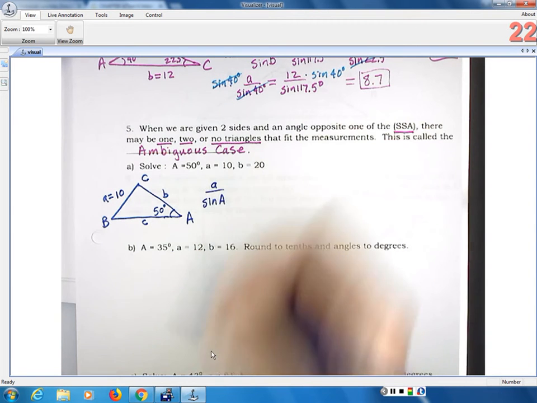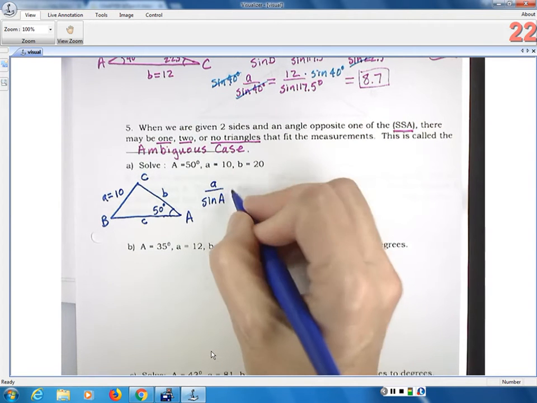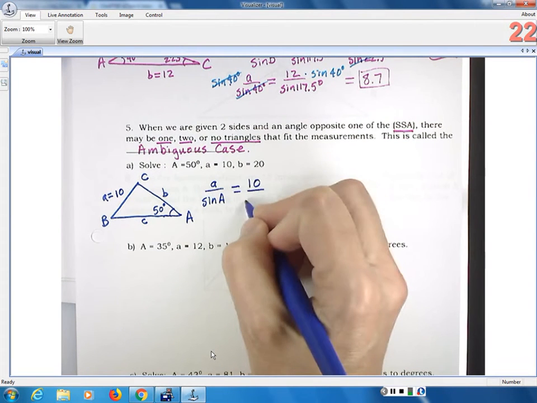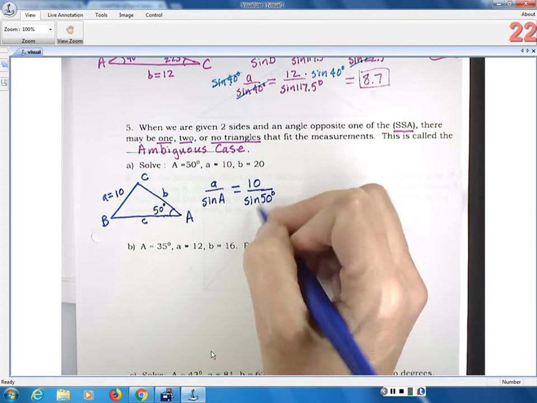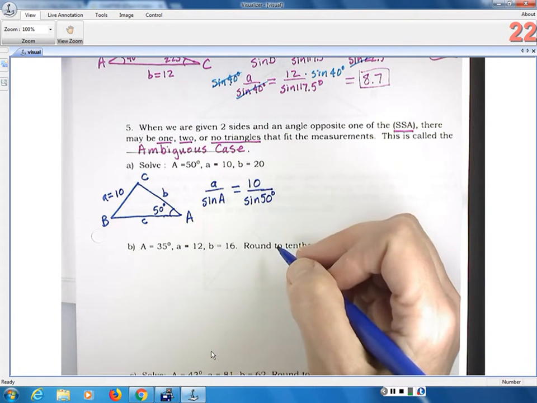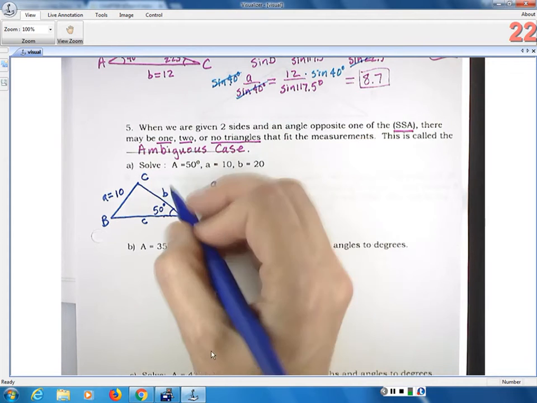We have to have one proportion to use the law of sines. So that's going to be 10 over sine of 50 degrees. Oh, and they told me B is 20.